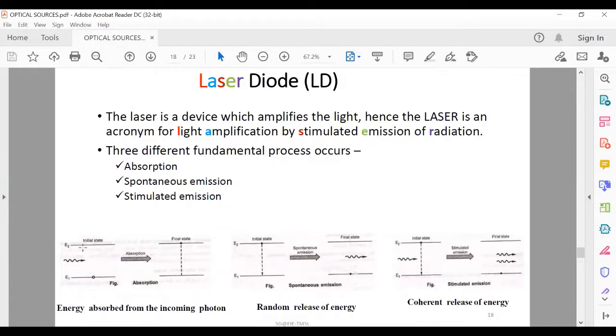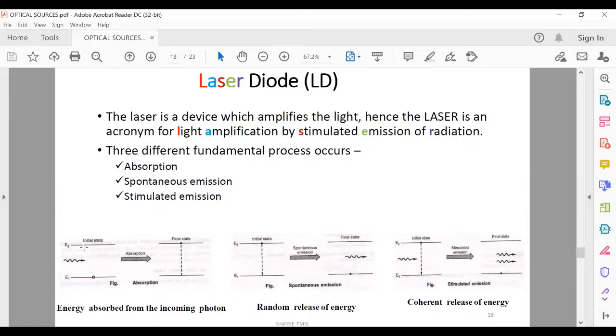H means the Planck's constant, which is 6.626 times 10 to the power minus 34 joule second, and the frequency which we have to consider is the radiation frequency of the absorbed or emitted radiation.